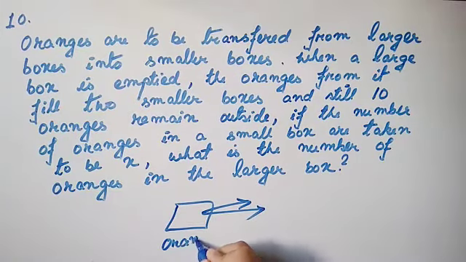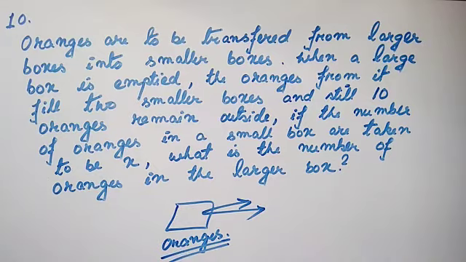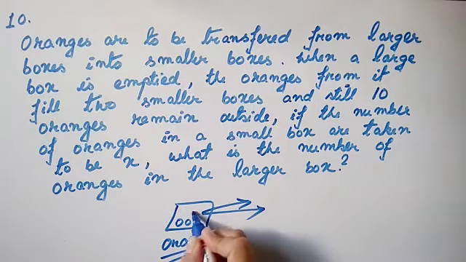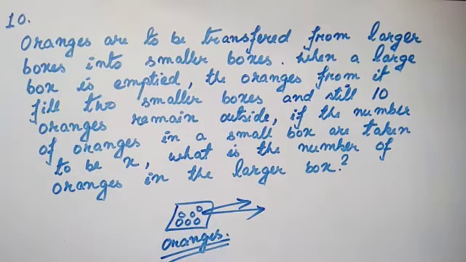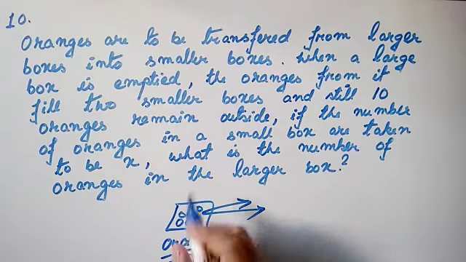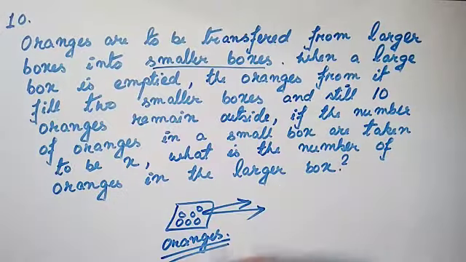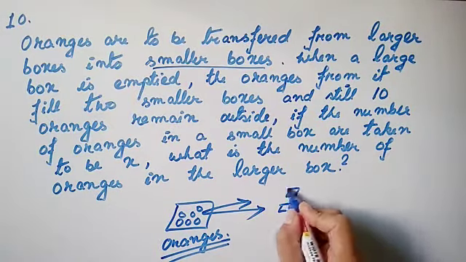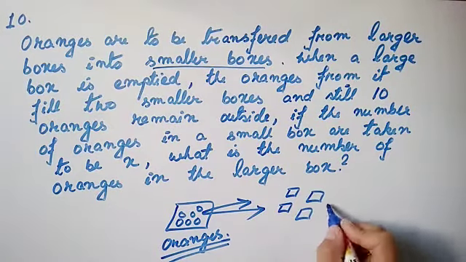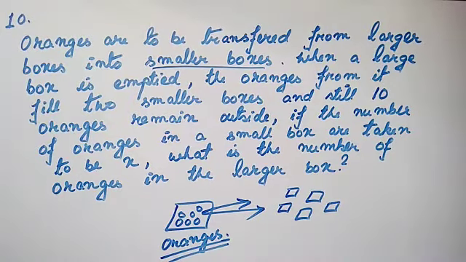We don't know the exact number of oranges, but there are some oranges inside this large box, and from this large box the oranges are to be transferred into smaller boxes.